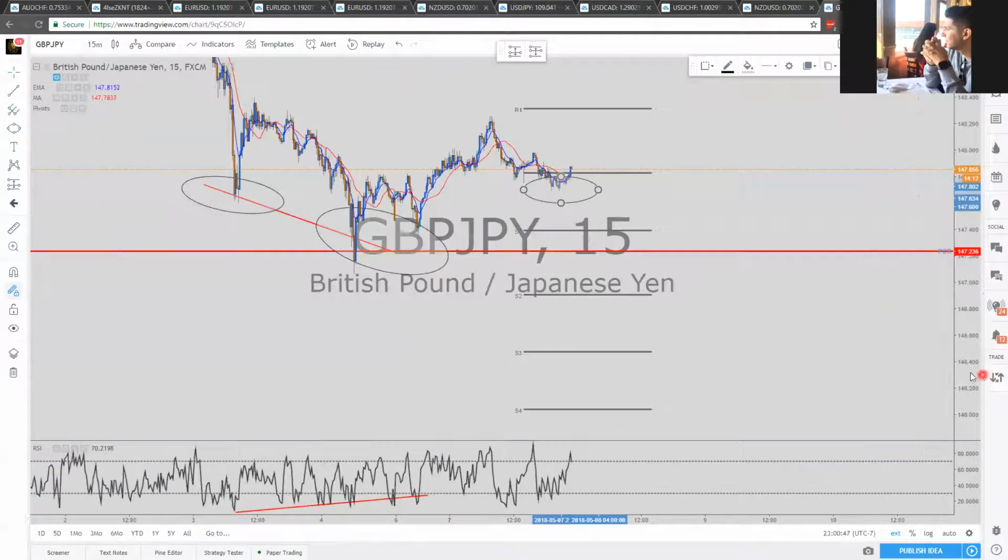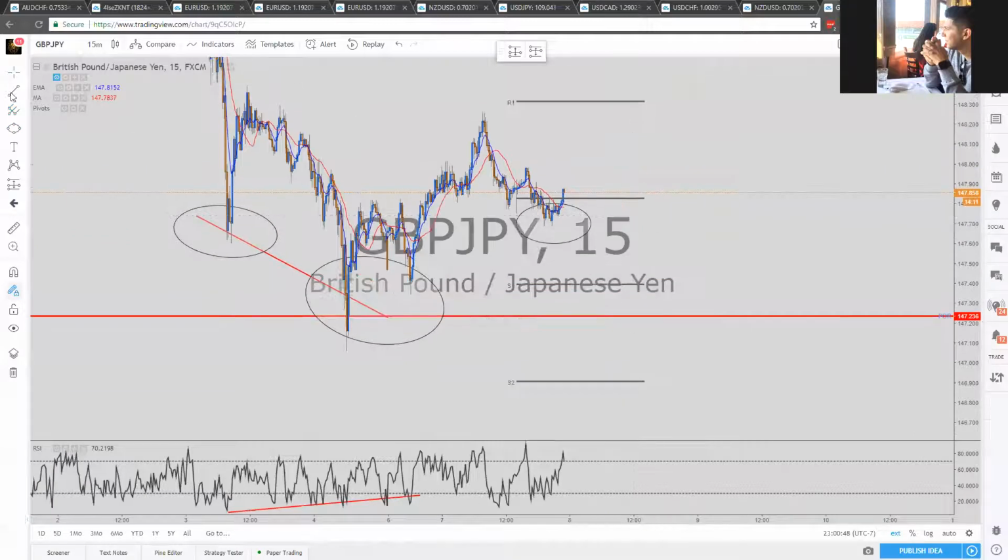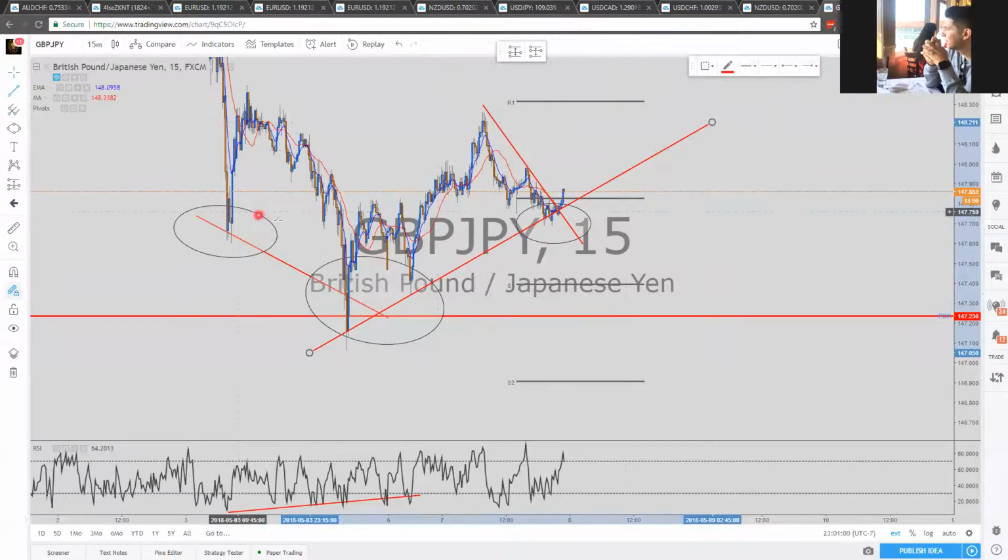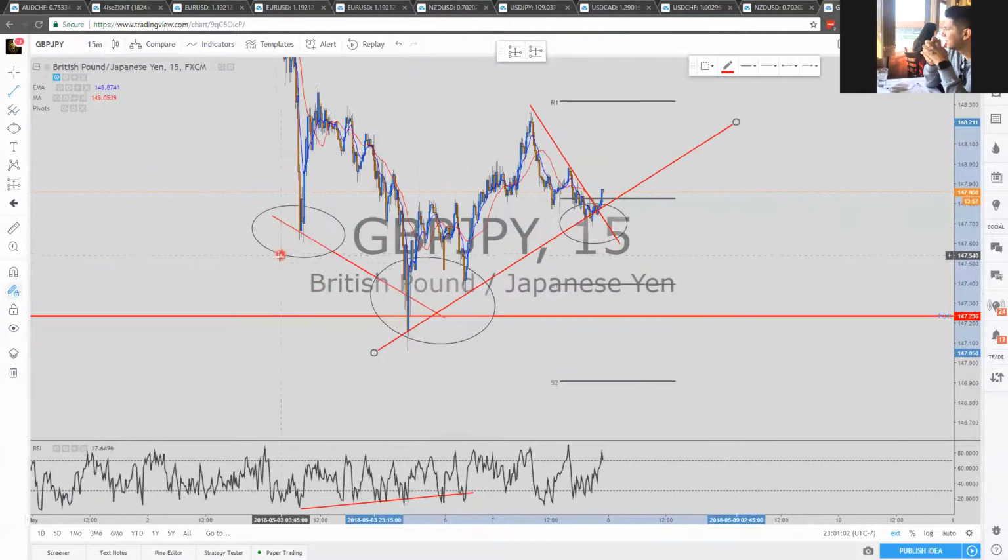If I go on the 15, you can see this resistance area, it's now above. I think it's going to respect off of this right here. This channel going in an upward channel like this.